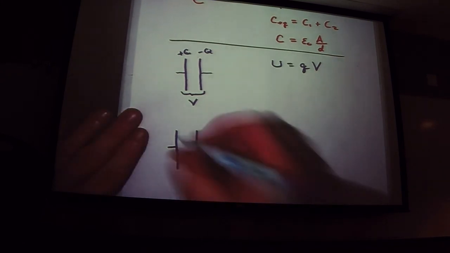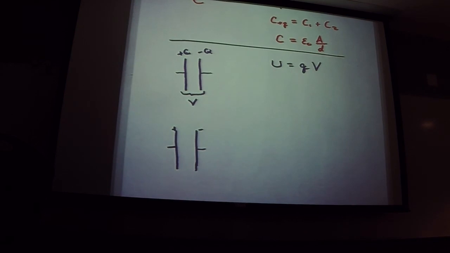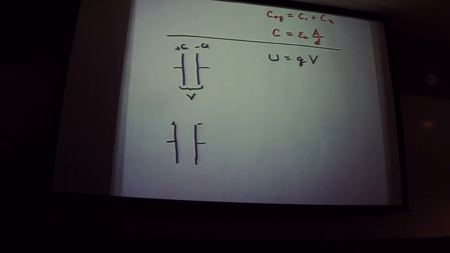When the second charge comes onto the plate, the voltage is only that of the very first charge. So instead we have to take a look at each little charge as I put it onto the plate, and the voltage that's on that plate when it's there.